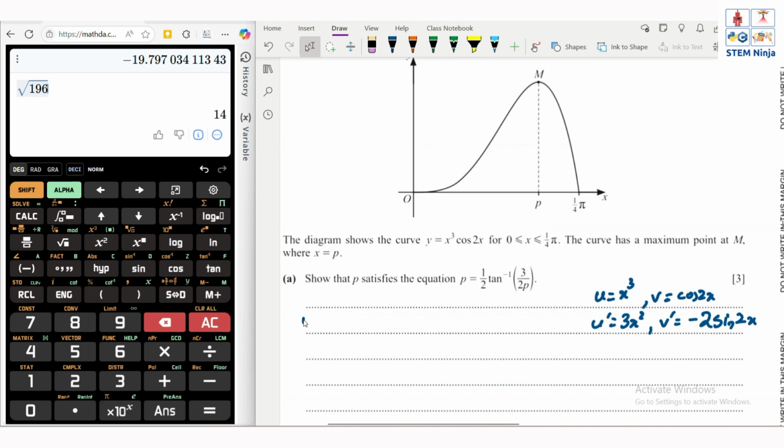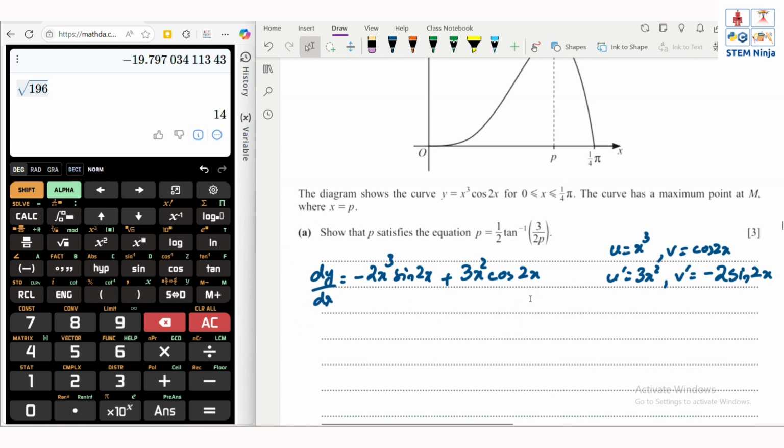So dy by dx would be minus 2x cubed sine 2x plus 3x squared cos 2x. Right, okay. Now we put this equal to 0 since we are looking for a maximum point.